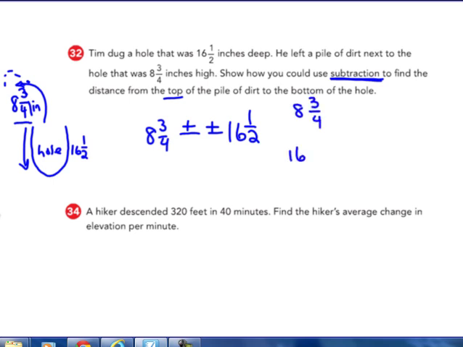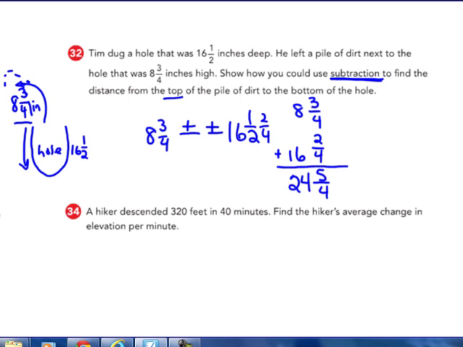I'm going to change 16.5 to, because the common denominator is 4, 16 2/4. So I have 8 3/4 plus 16 2/4. I get 5/4. 8 plus 16 is 24. Well, 5/4 is improper. That's equivalent to 1 1/4.